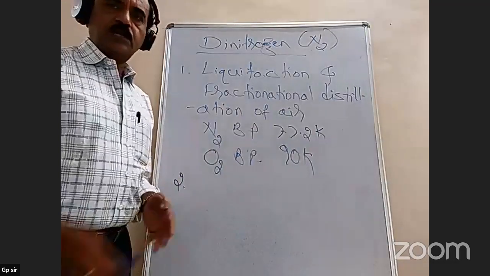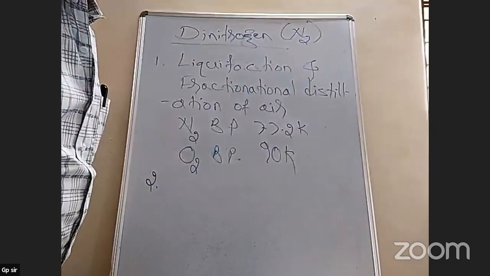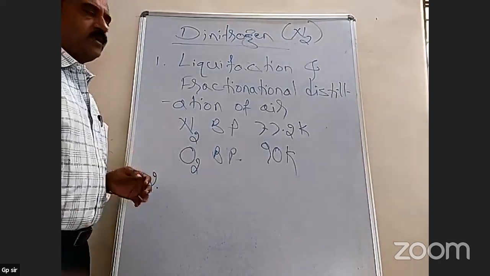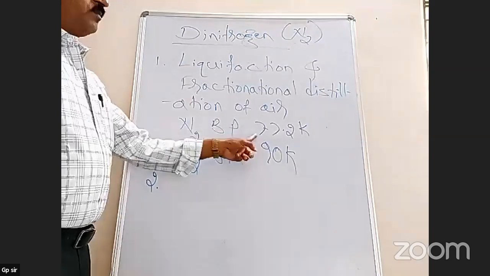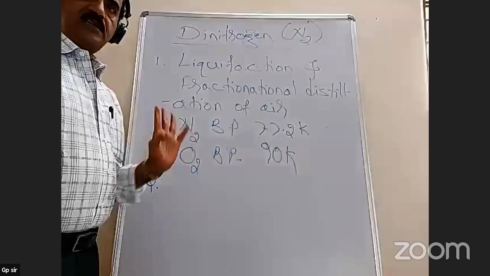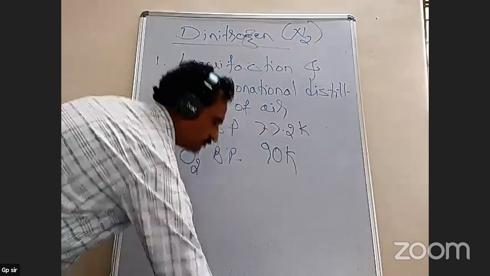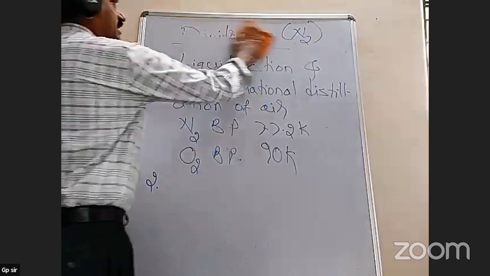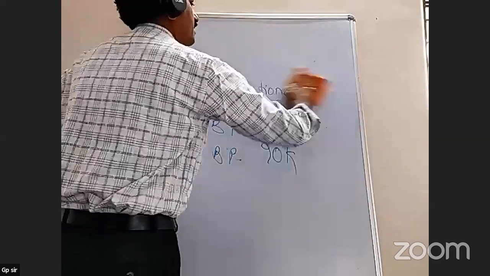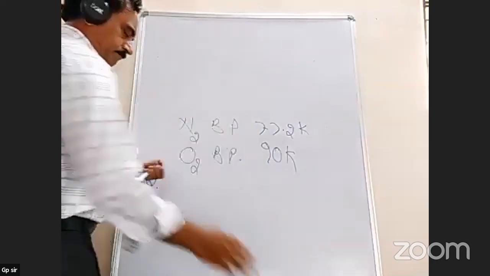Nitrogen boiling point is 77.2 Kelvin, oxygen 90 Kelvin. So they can be separated. Second method is by the thermal decomposition of ammonium dichromate.